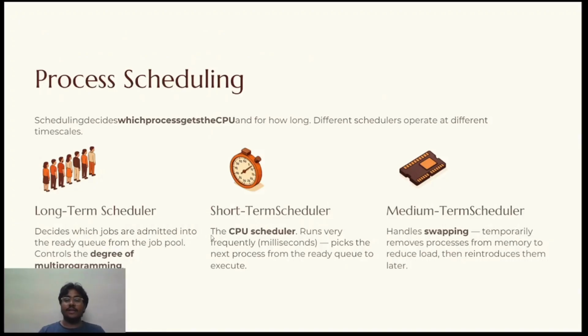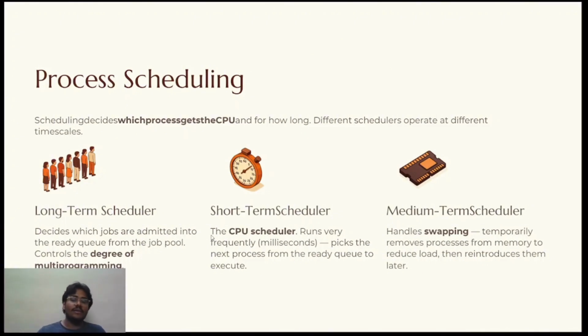Now moving on to process scheduling. Who gets the CPU, and for how much time? This is decided by process scheduling. There are three schedulers: long term, short term, and medium term. The long term decides which process enters the system. The short term picks the next process to run and runs very fast, in milliseconds.